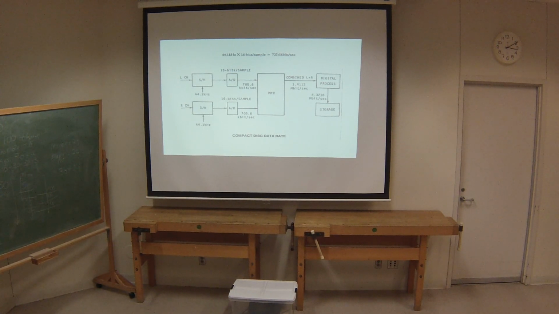In other words, they multiplex the signal. They'll have a sample of left, a sample of right, a sample of left, a sample of right, like that. We go into a digital processing block where we add our error code, which is a form of Reed-Solomon error correction. And that jacks up the actual data rate quite a bit. And then your storage is the actual disk.